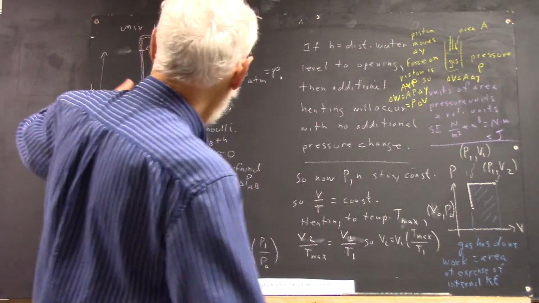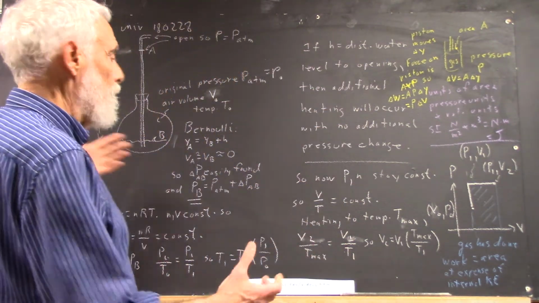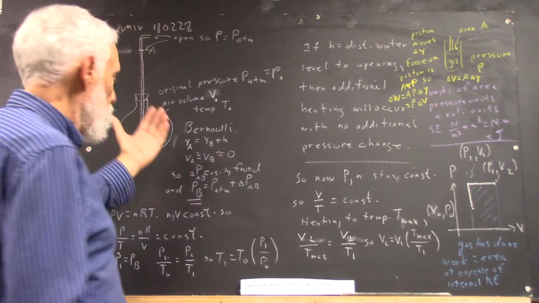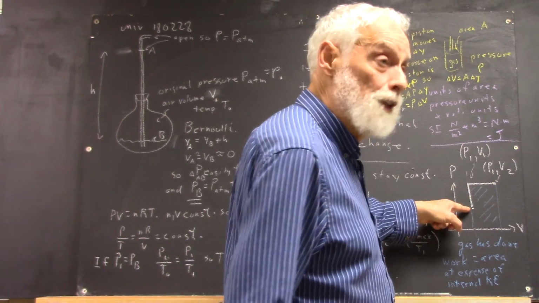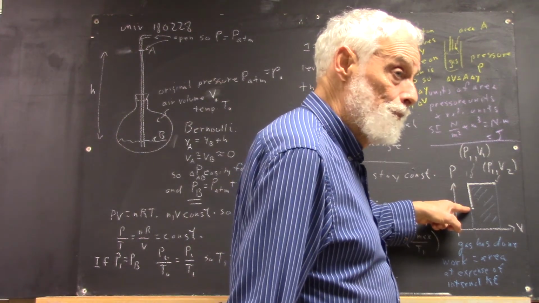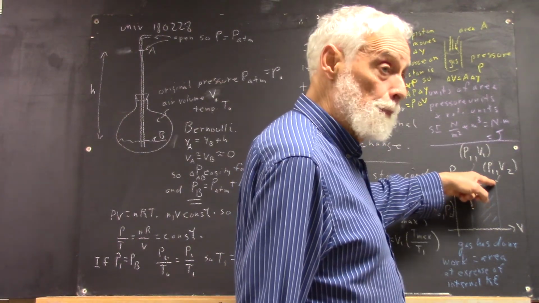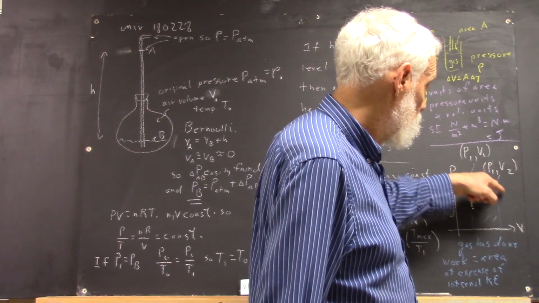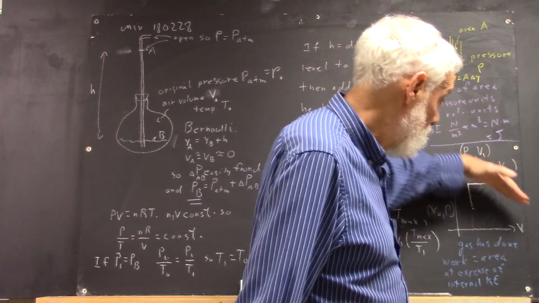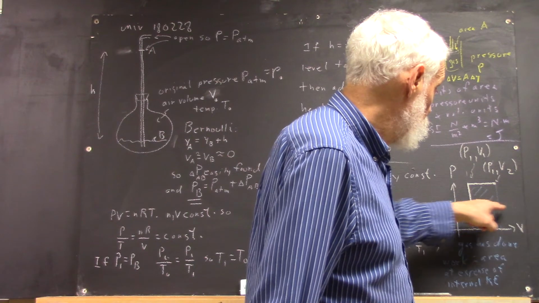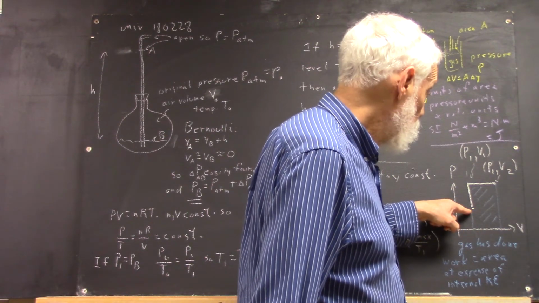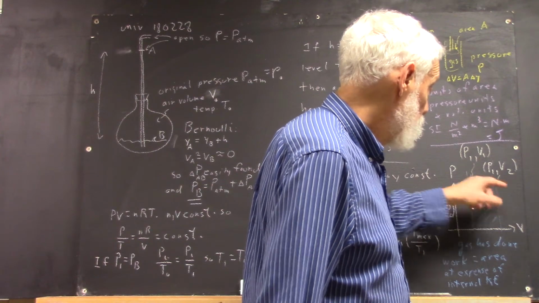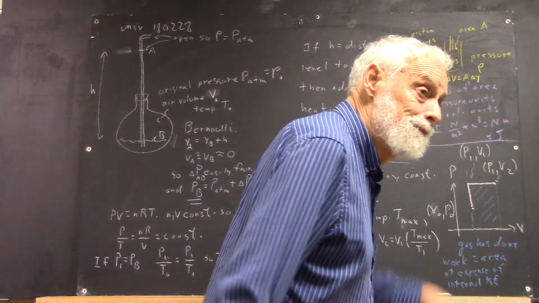Now to run a cycle of this thing, you then have to return to the original state, which means you've got to get from here to here somehow, okay? Well, you could just suddenly let off the pressure, which would give you a pressure volume curve that looks something like this. It'd be concave up. And then you can cool it back. And in doing so, the net work you get would be the area enclosed by the curve.